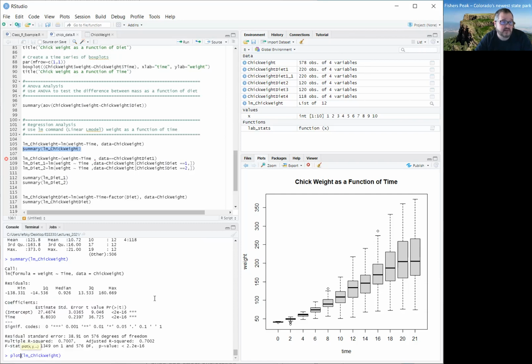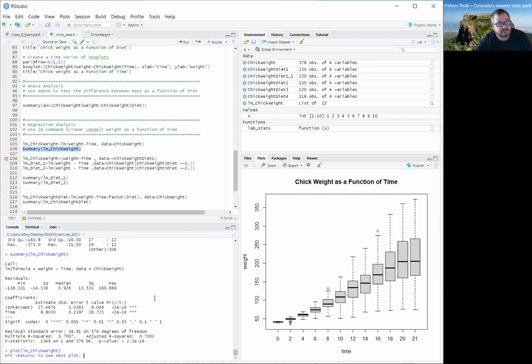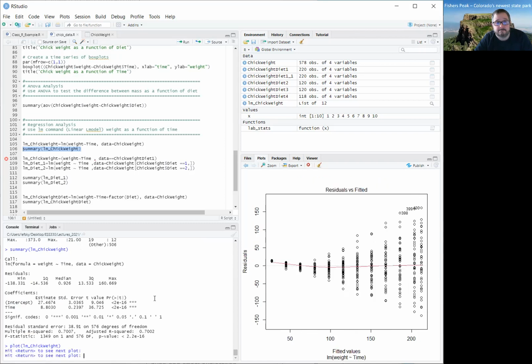If you just say plot, it's going to give you different plots that relate to the behavior of the results of that model. So it gave us that box plot first that kind of blinked out of the way.